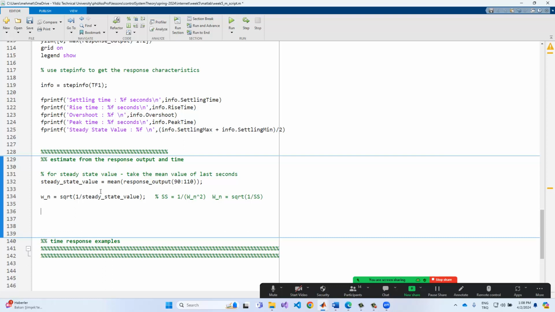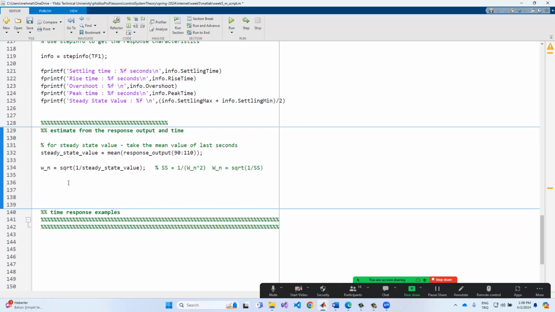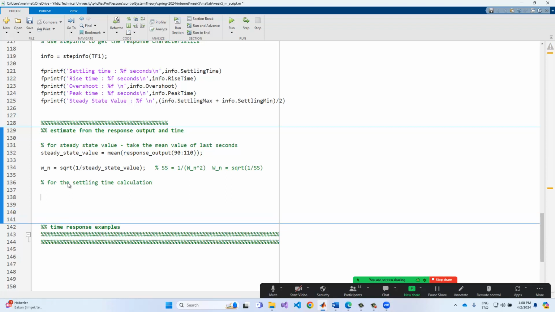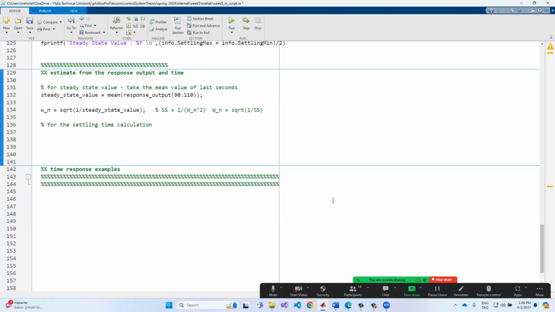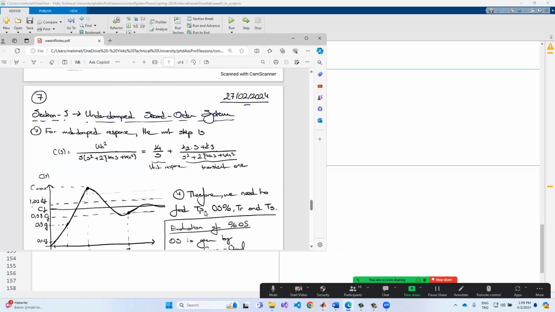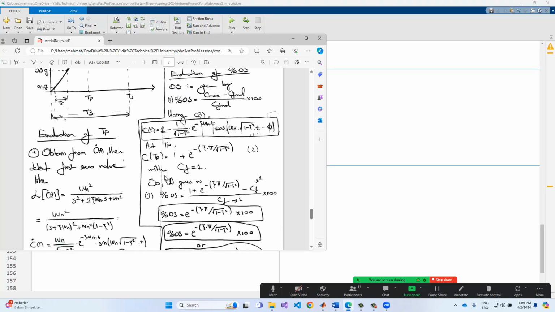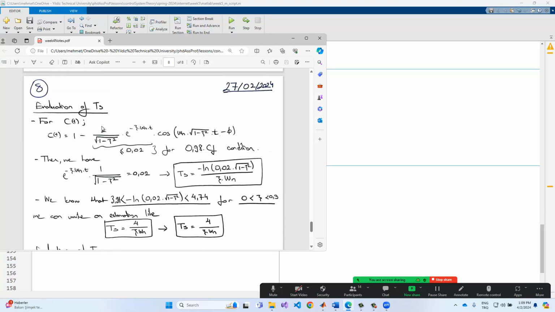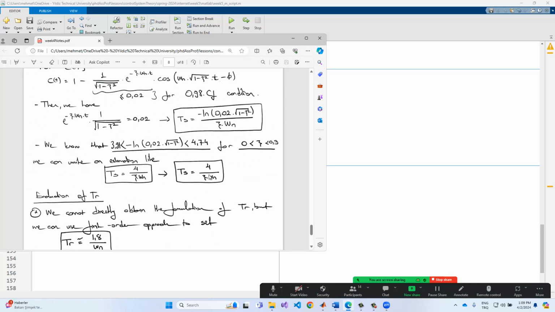So for the settling time calculation, we should check the absolute error values. How can we define the settling time in here? Just like this one, Ts is equal to 4 divided by zeta dot omega n.